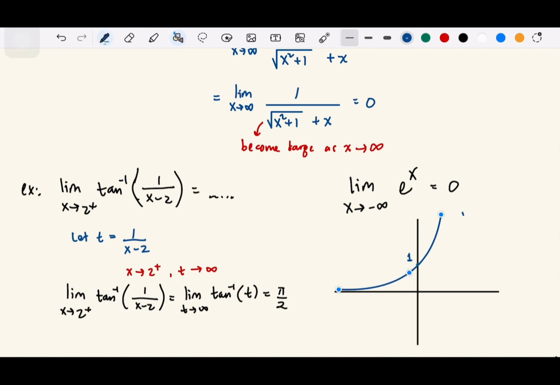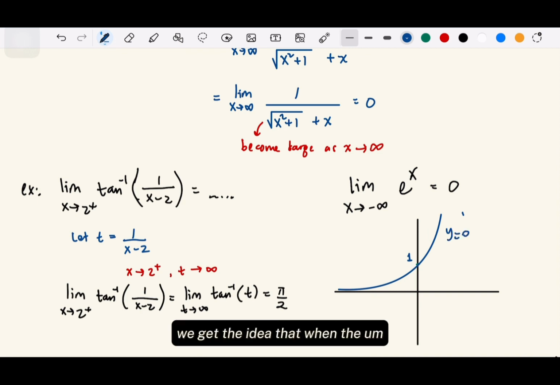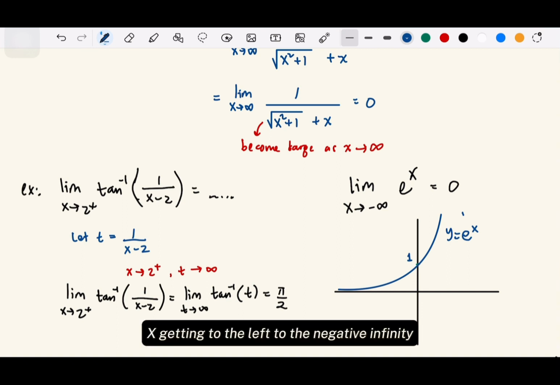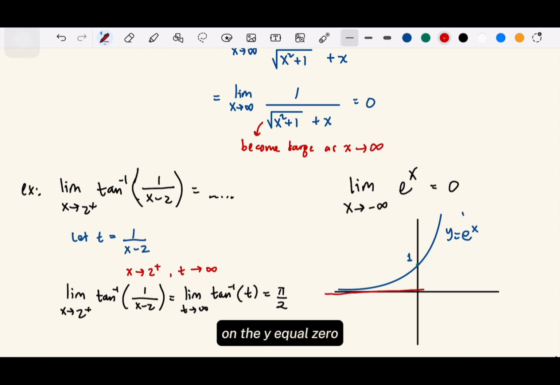So if we look at these graphs, we get the idea that when x is getting to the left, to negative infinity, then the function will approach 0. So we could see that this has the asymptote at y equals 0.